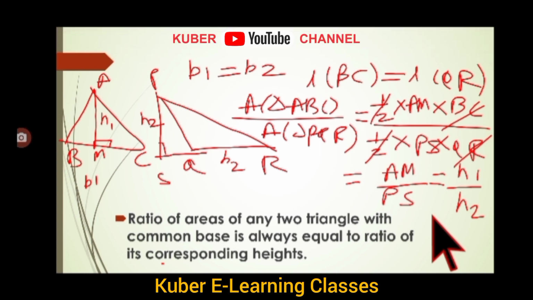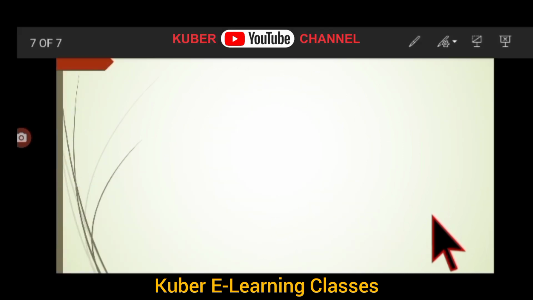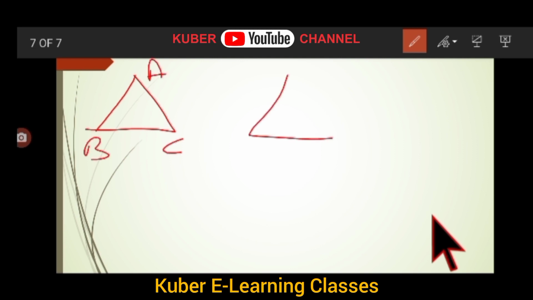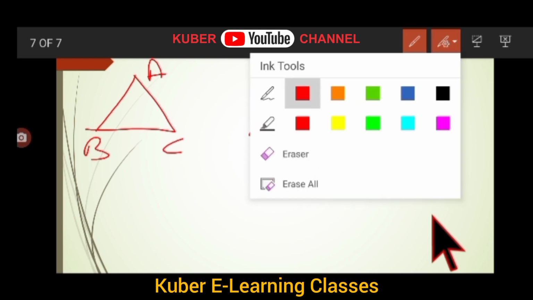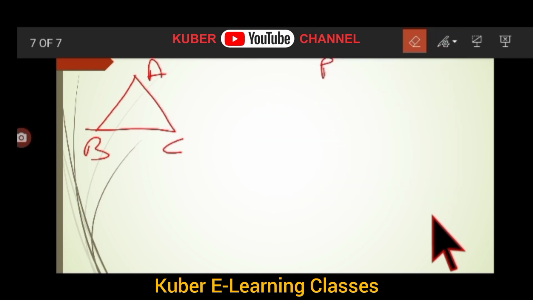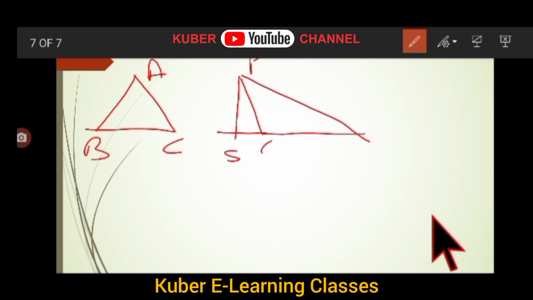More clearly, in short, I will tell you. See, we have taken two triangles ABC and PQR. We have taken an obtuse angle triangle, right? So that same triangle I will take here, and this is PSQR, and here we have taken M. So this is the height, BC is the base, and here this is the height H2, and this QR is the base of this triangle.